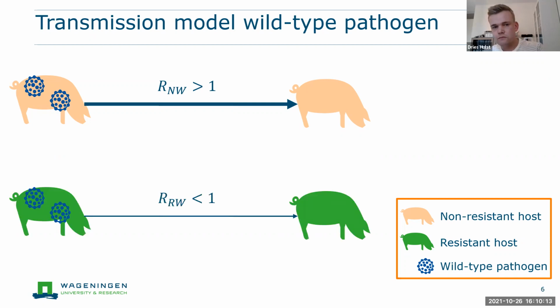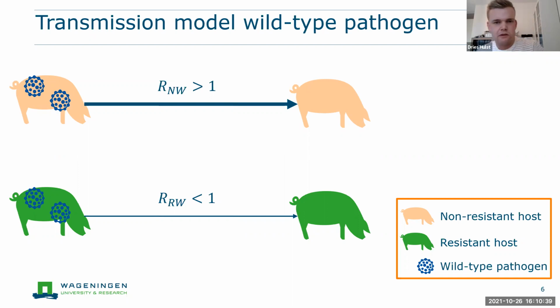So then we start selecting for increased resistance. Because it was a single allele, we get one resistant host type. They have the resistance genotype. And in these resistant hosts, the wild type has a reproduction ratio below 1.